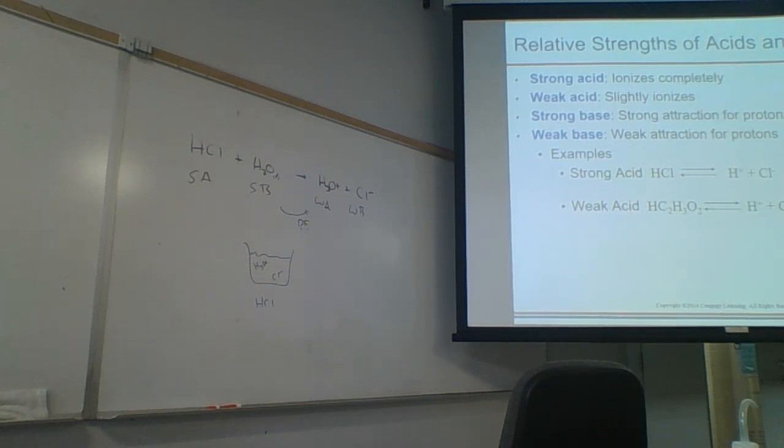The base takes the hydrogen. So this is the acid, water is the base. So if the base takes a hydrogen, what forms? Hydronium. This is the conjugate acid of water. And if the acid loses a hydrogen, what are we left with? Acetate. Hydronium and acetate.